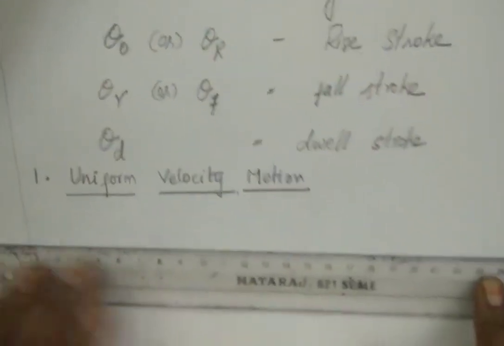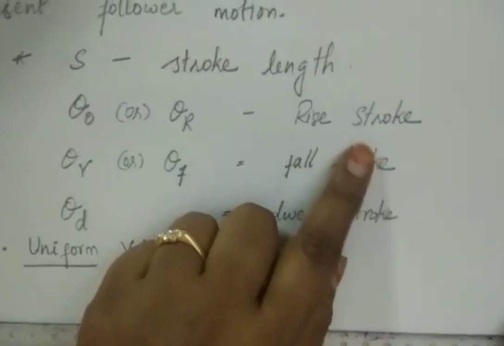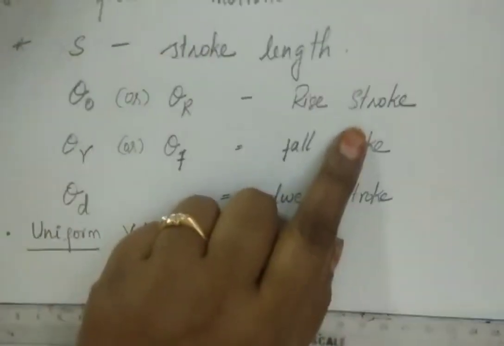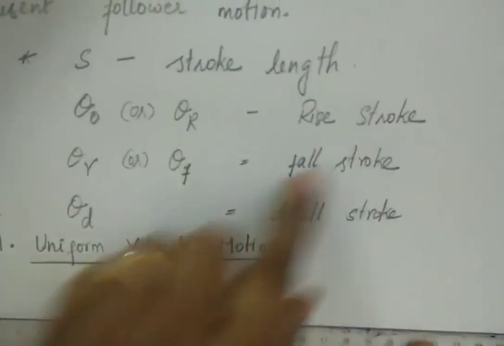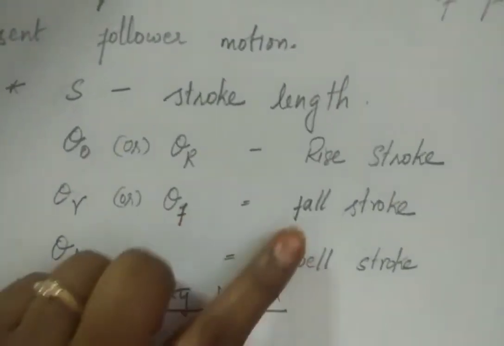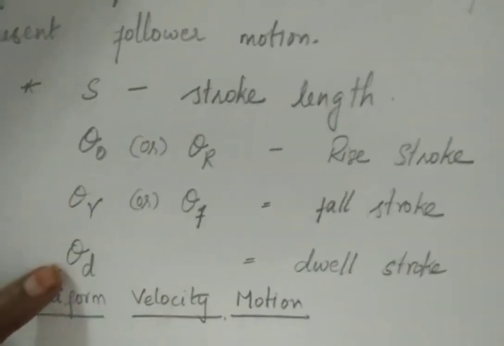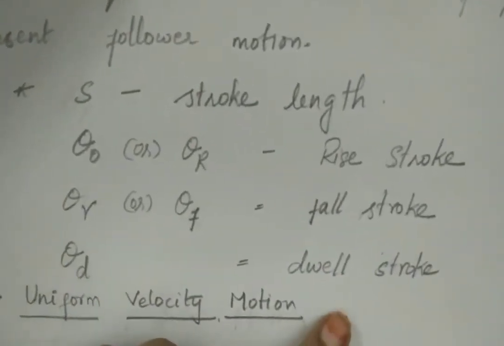Whatever may be the motion, S is the stroke length, theta O is the rise stroke or outward stroke. Then theta R or theta F is the fall stroke or return stroke. Then theta D is nothing but the dwell stroke.